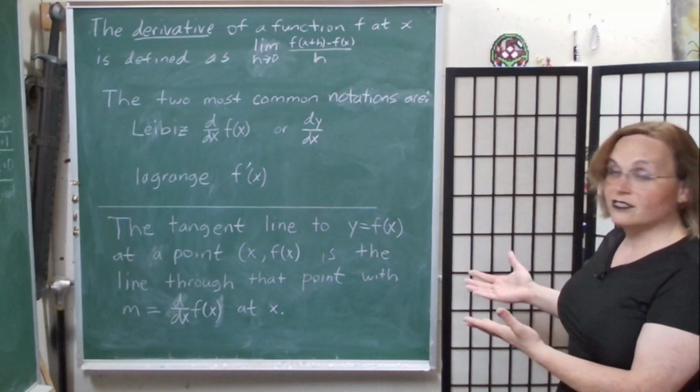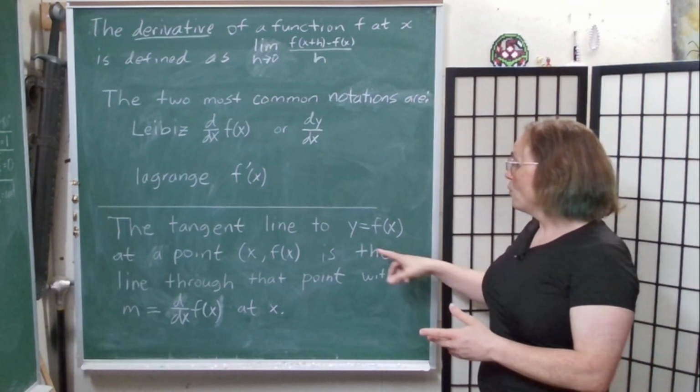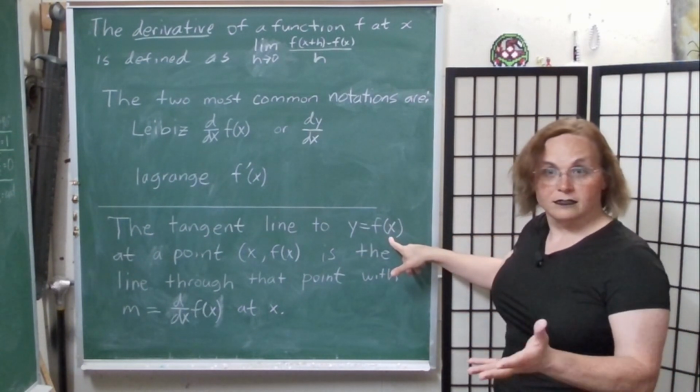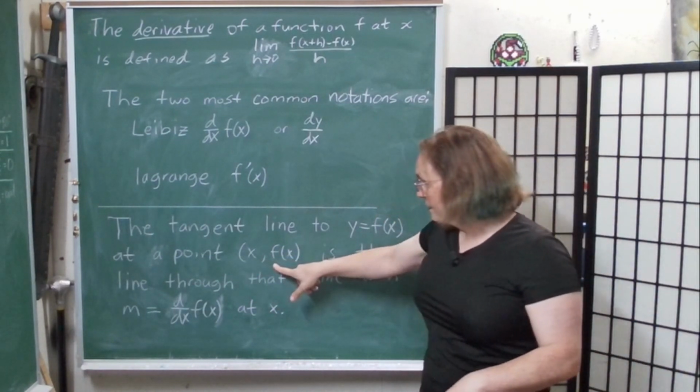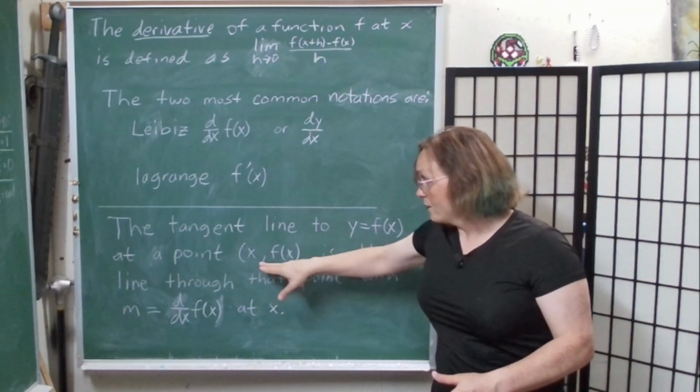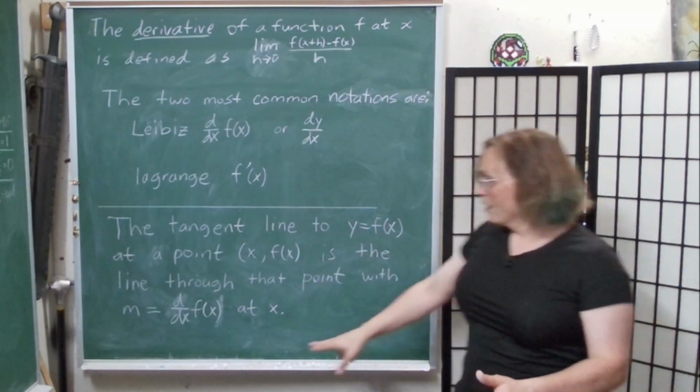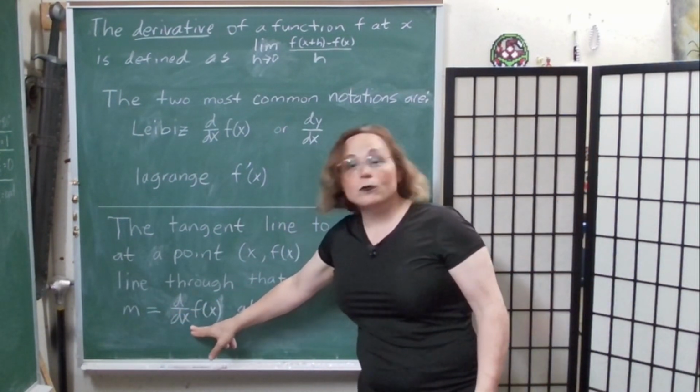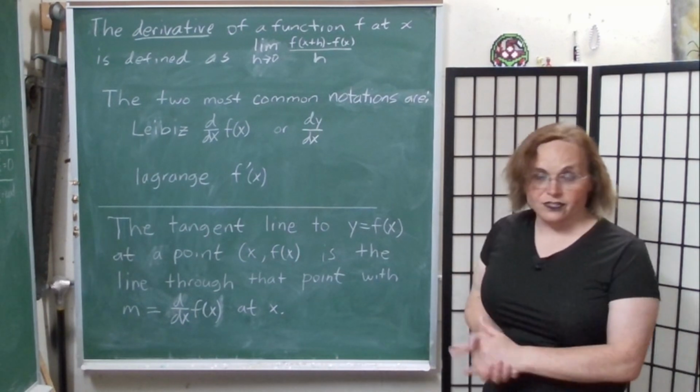And here it is. The tangent line to some function at a point is the line through that point, so the line through the x, f of x, with the slope that is equal to the derivative at that x, okay?